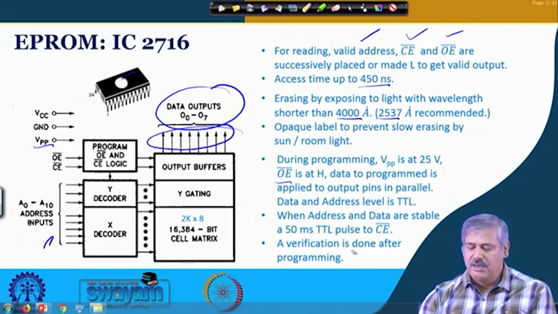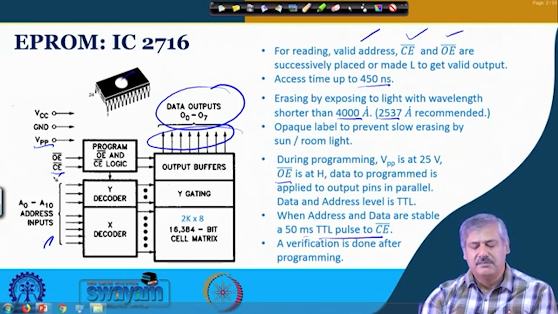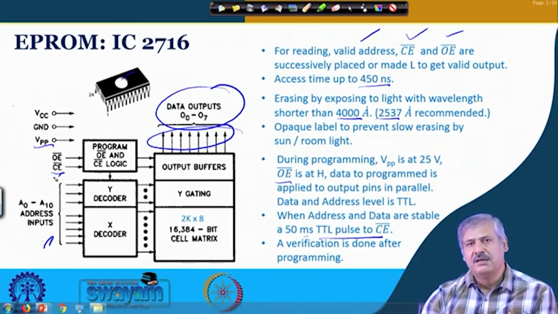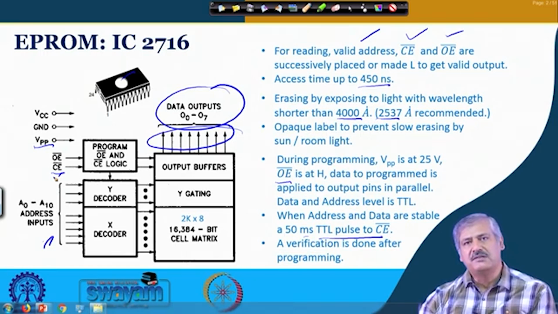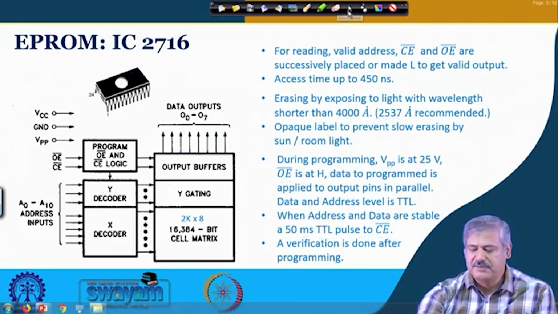Data and address levels are all at TTL, and when address and data are stable, a 50 millisecond TTL pulse is placed to chip enable. By that process writing gets done, and after writing a verification is done whether the data written is what was intended, and if verification passes, then the device becomes ready for use. This is the way the EEPROM writing or programming takes place.